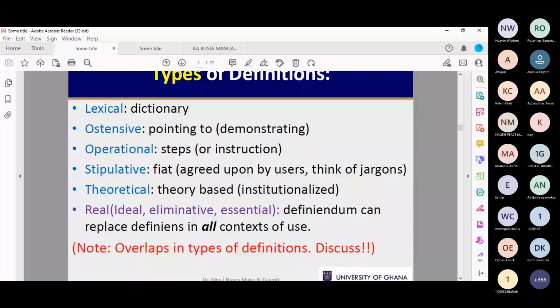We call it eliminative because of reference and attribute. In other words, the definiendum and the definiens can change places wherever you use it in that discipline. So wherever I say even number in maths, because even number is a mathematical concept, wherever I say even number, it will mean what?